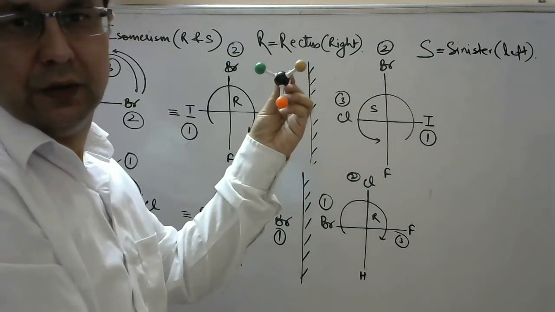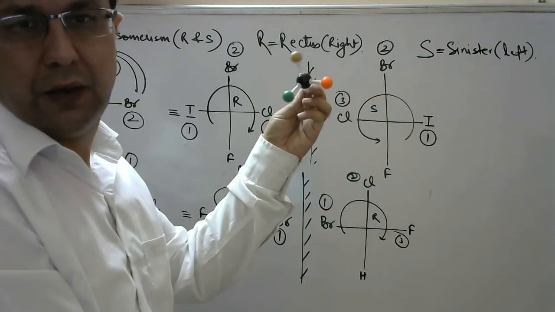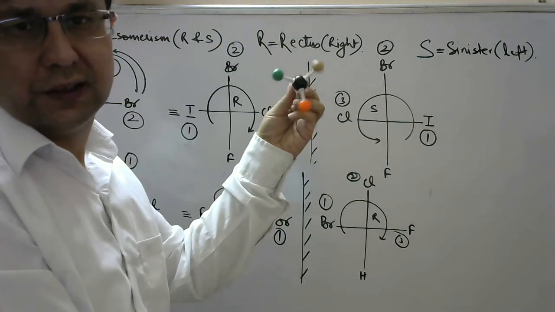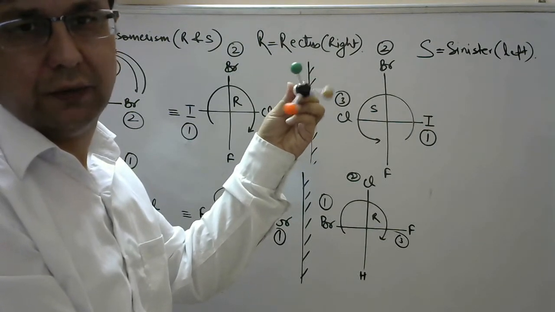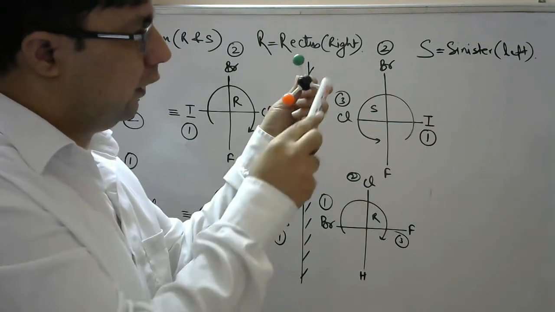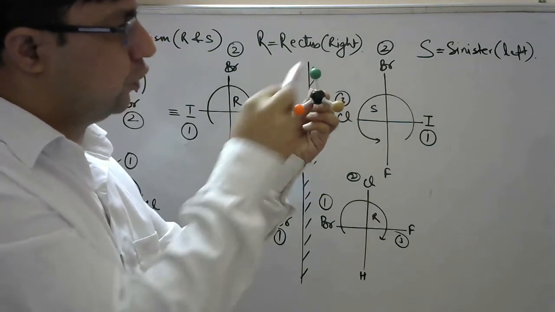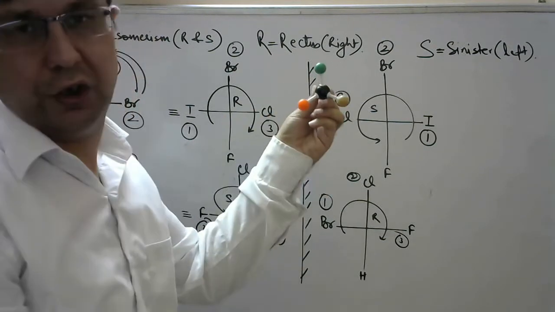Hydrogen atom is kept away from the viewer. So you can check in this case what configuration it has. Iodine, bromine, chlorine. If our eyes move in this direction, it is assigning the R configuration.